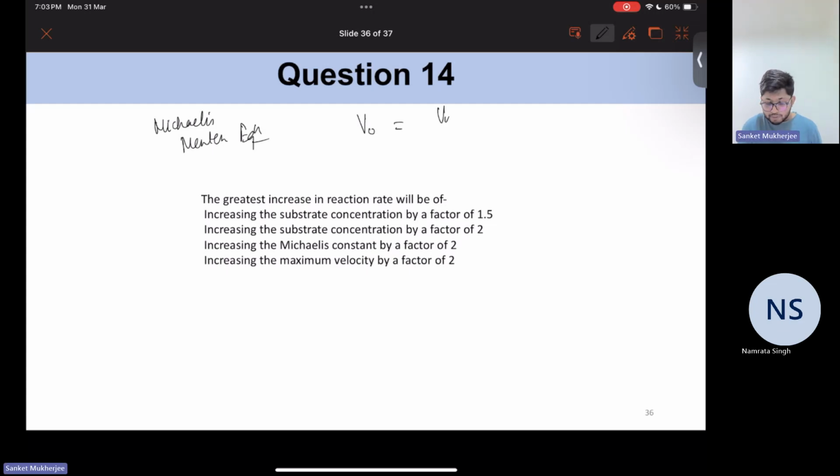V is equal to Vmax times S by Km plus S. If we increase the substrate concentration, that will increase the numerator and denominator both, so that is a complex situation. The reaction rate will increase, but it depends. If we increase the Michaelis-Menten constant, the reaction rate will decrease. But if we increase the maximum velocity, that will definitely increase the reaction rate. So D would be the right answer.